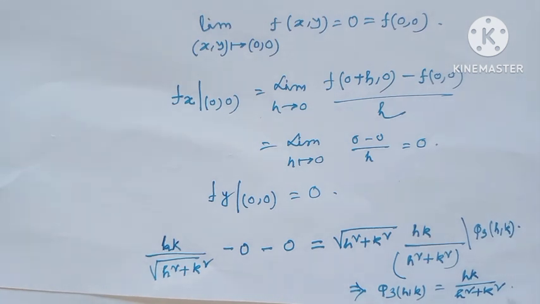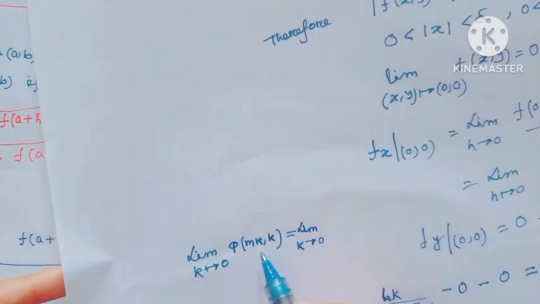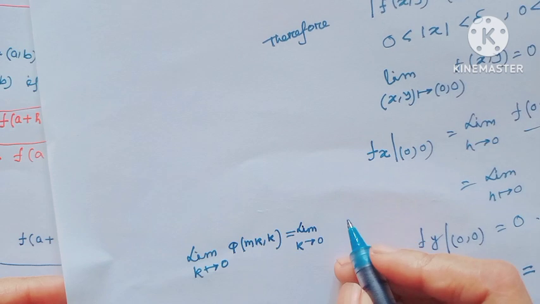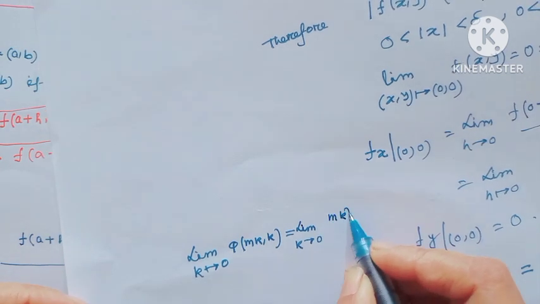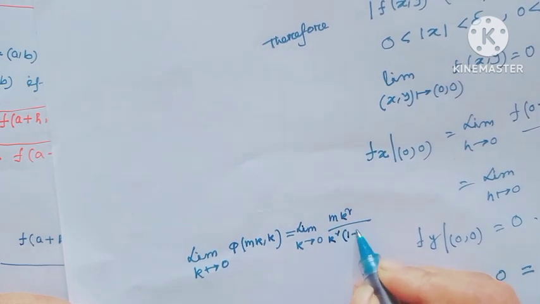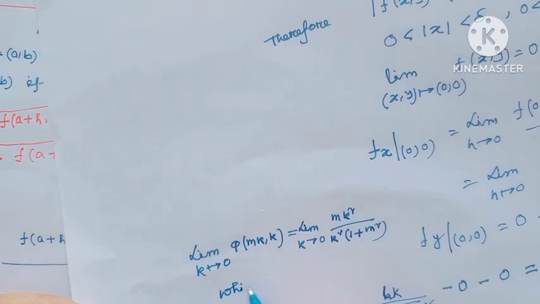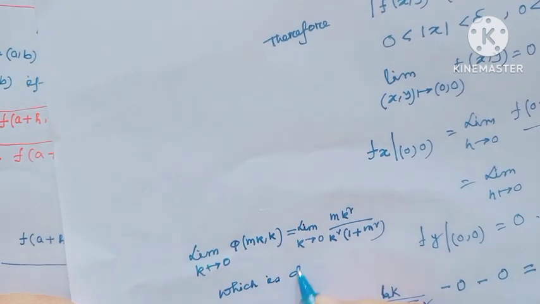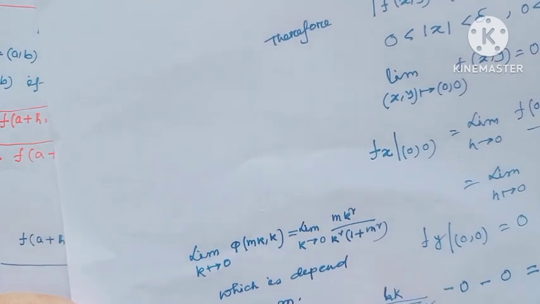For finding the limit, if we put h equal to mk, then I will get phi(mk, k). This value would be m k squared divided by k squared times (1 plus m squared), which depends on the value of m.